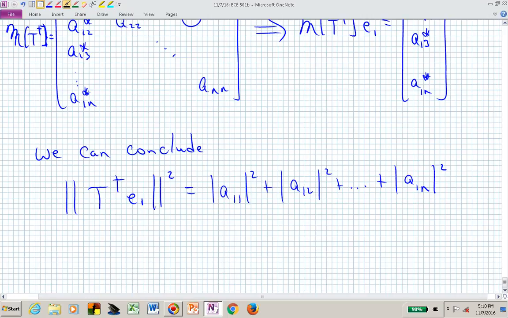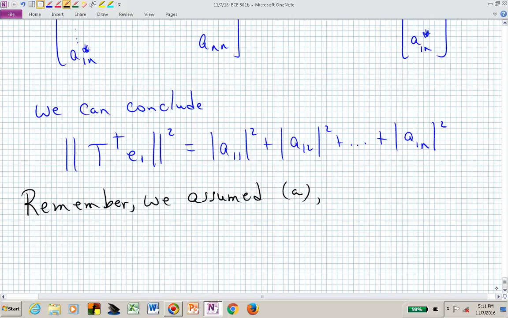Now we can go back to the assumption we were making on the operator T. Remember, we assumed statement A was true, which said that T is normal. And what was the first proposition we talked about today?